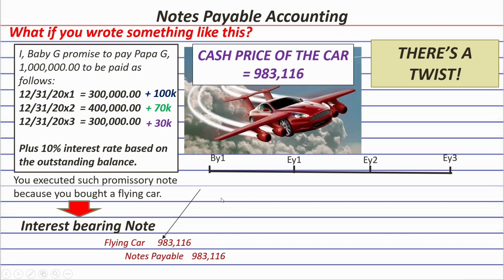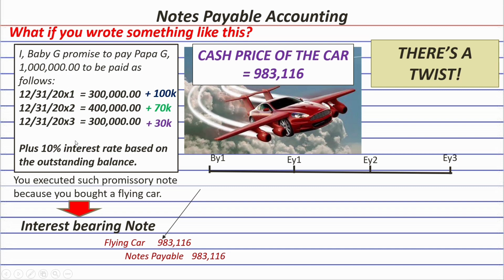Now, the only problem is that you have to get a new effective rate because you cannot use this nominal rate of 10%. Because if you use this in getting the present value of these payments, like this 400,000 times 1.10 raised to the power of -1 plus 470,000 here times 1.10 raised to the power of -2 plus this 330,000 times 1.10 raised to the power of -3, the sum of those present value of these payments will be 1 million.